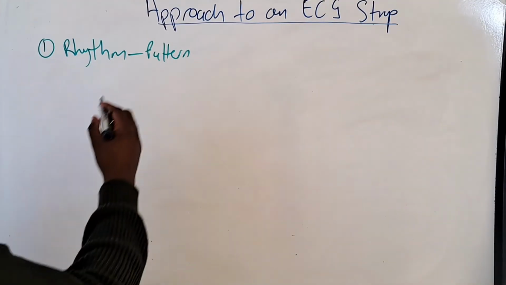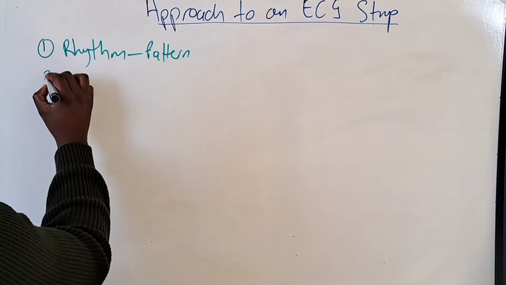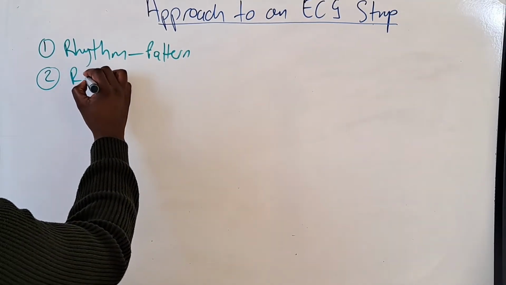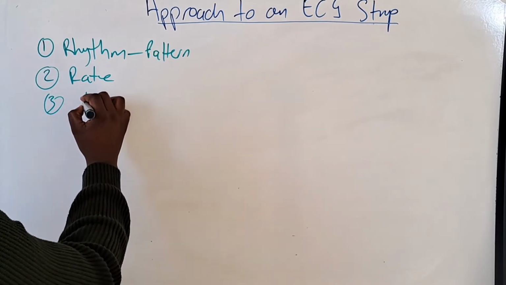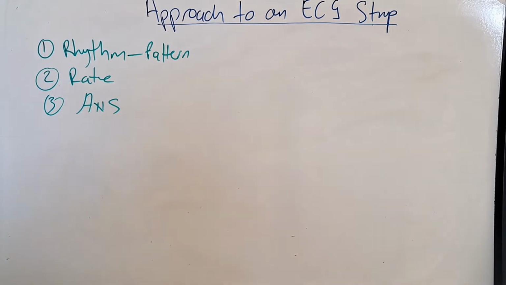I'm going to show you what I mean by a pattern, because at this point you just want a pattern of the rhythm. Number 2 is the rate. Number 3 is the axis. We have already discussed the cardiac axis. Those are the first 3 things that you need to find out, then move on to the other parts of the ECG.